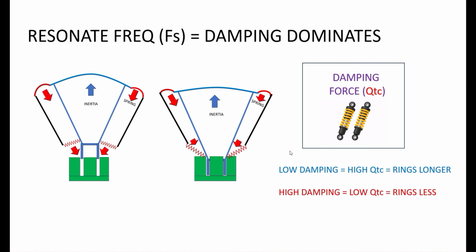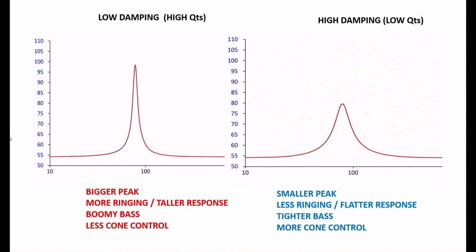So this is why damping is important, because it controls the behavior of the speaker at or around the resonant frequency. And the way that plays out when you look at the impedance curve is it affects the shape. So with a high QTS, low damping, things are going to bounce around and be uncontrolled, so we end up with a bigger peak, taller response, more ringing and vibration, less cone control.